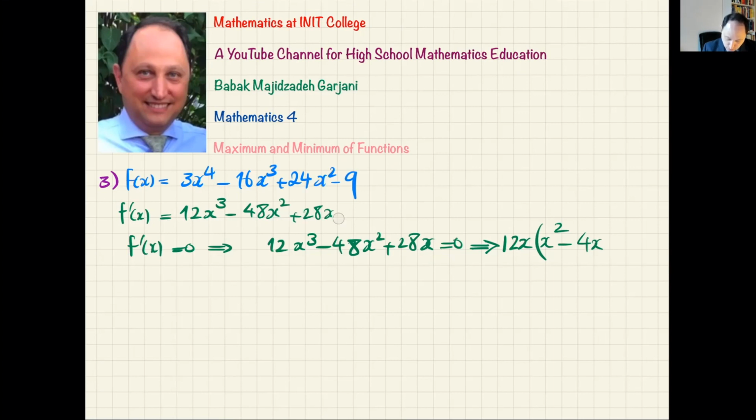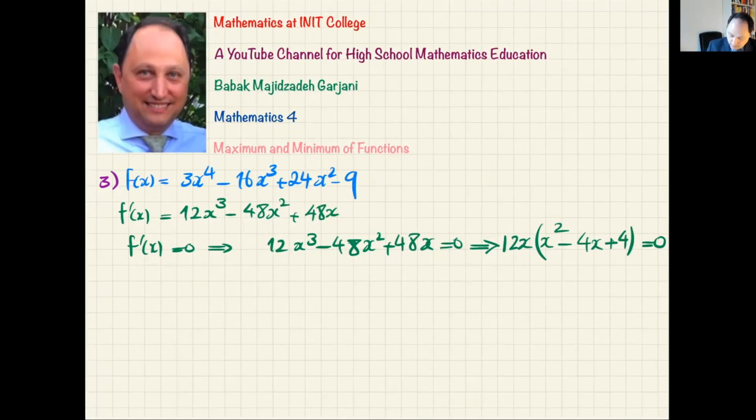So this is not 28, this is 48, because this 2 goes down, it becomes 48. Okay, so that is also 48. So this becomes positive 4. Yes, now it is correct.